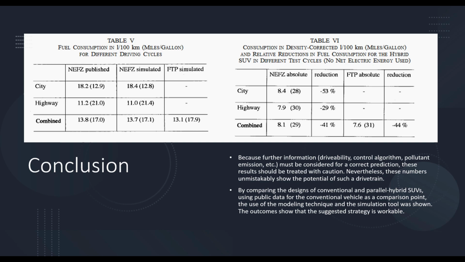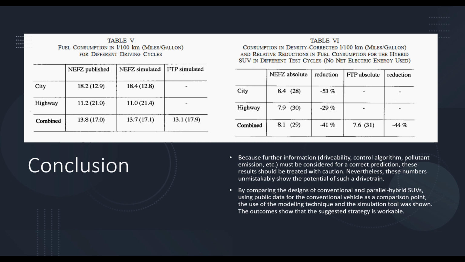One thing that they did note is that there would have to be further work because they didn't account for emissions in the model, and they didn't account for certain factors such as drivability, what control algorithm should be used to decide when the internal combustion engine is used and when the electric motor is used, and what pollutants and emissions it might produce. So the results have to be treated with a degree of caution.